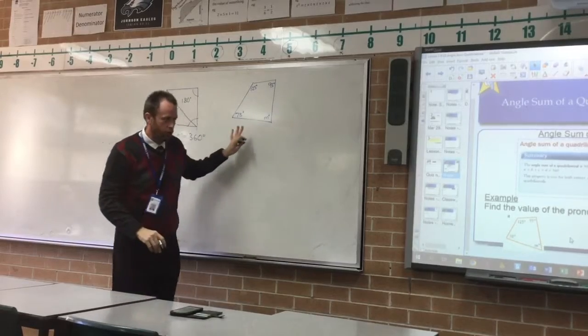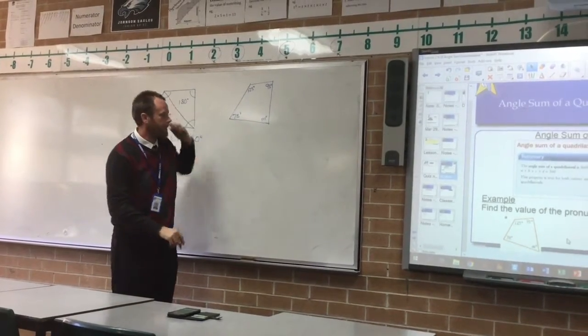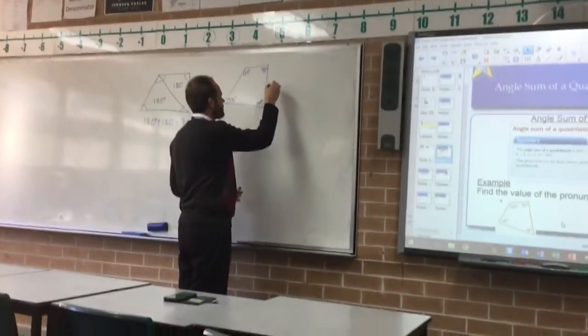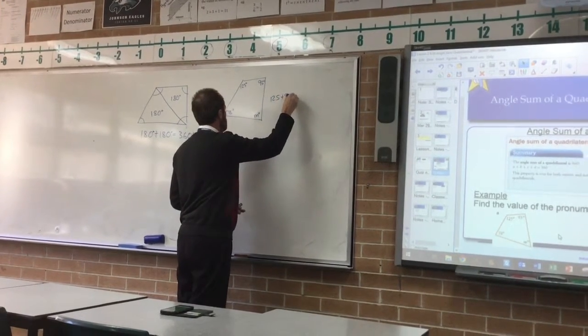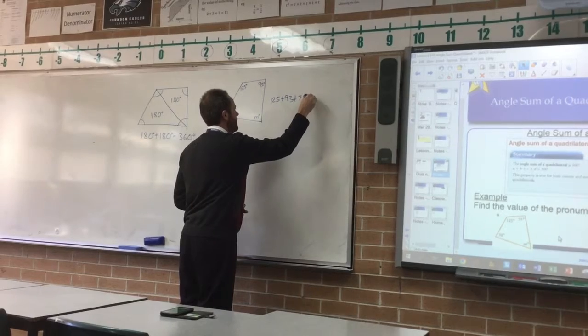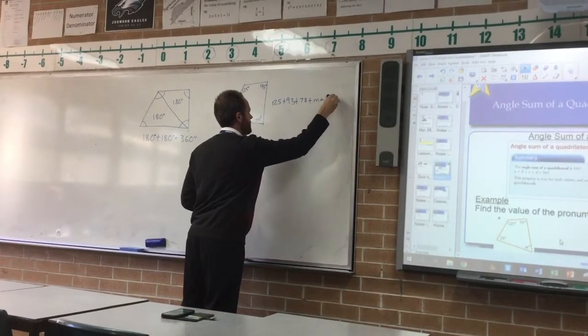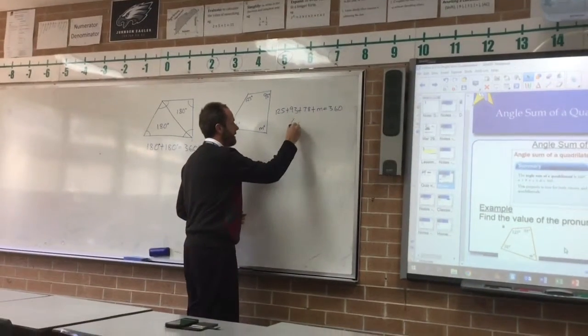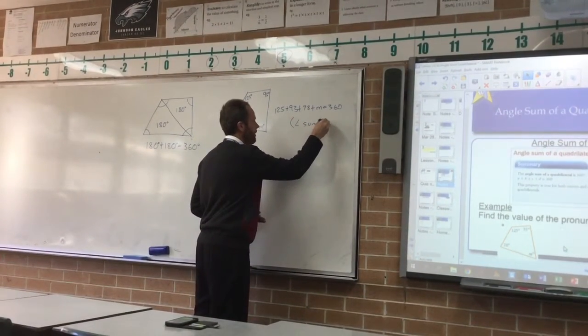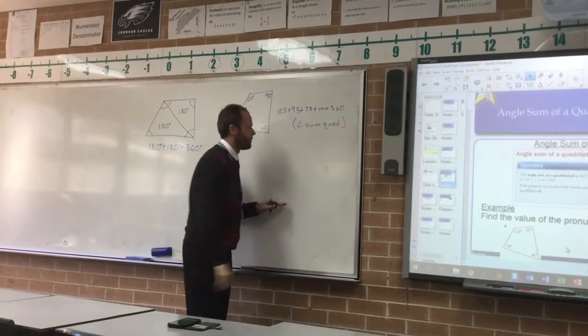Not exactly drawn to scale, but if the angle sum of a quadrilateral is 360, then 125 plus 93 plus 78 plus n equals 360, and I like to write a reason: angle sum of a quad, short for quadrilateral.